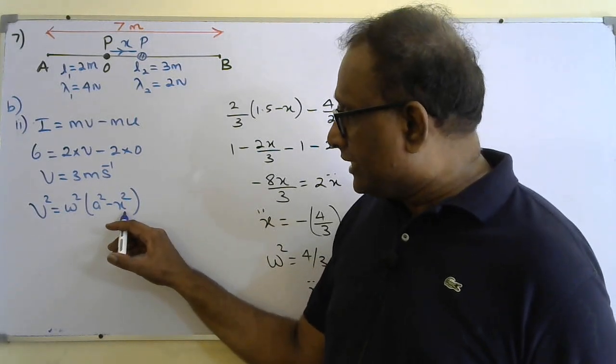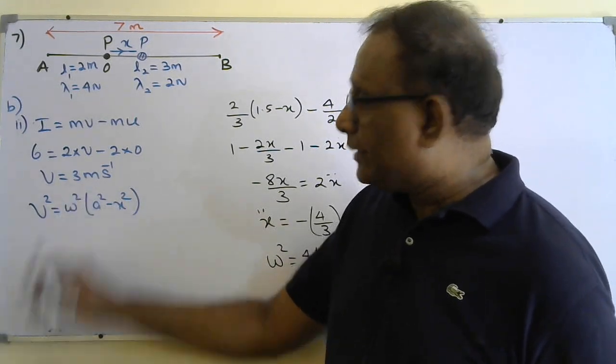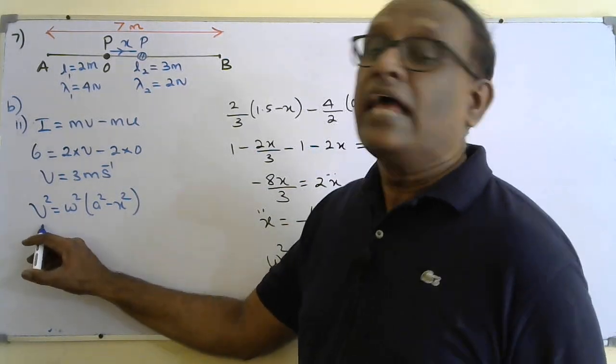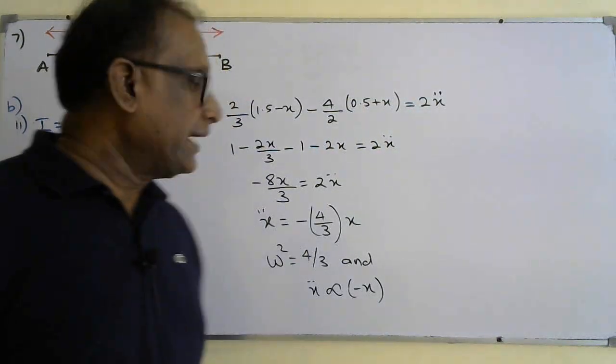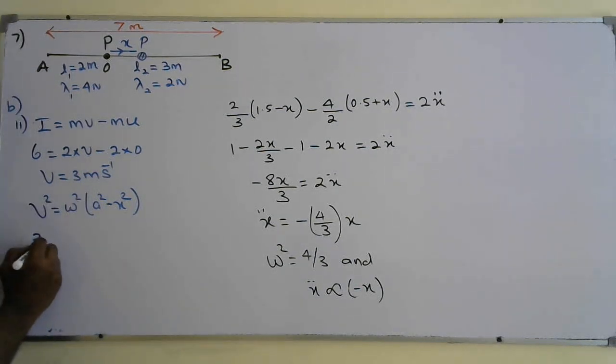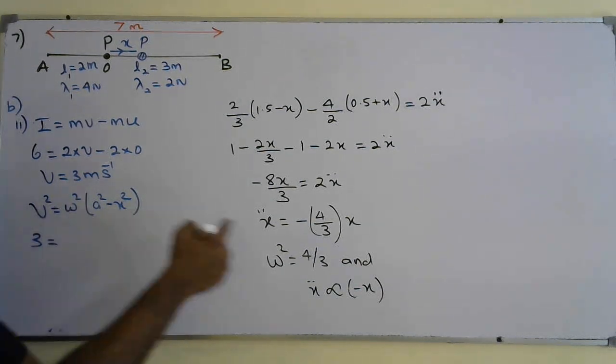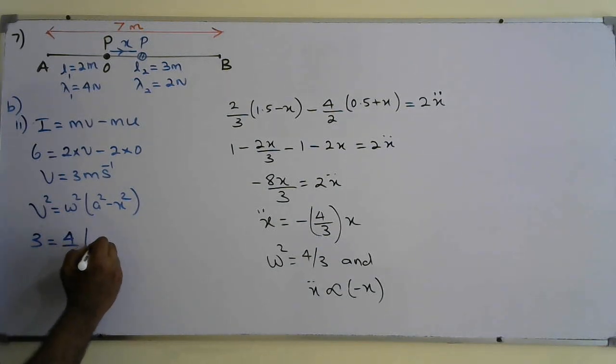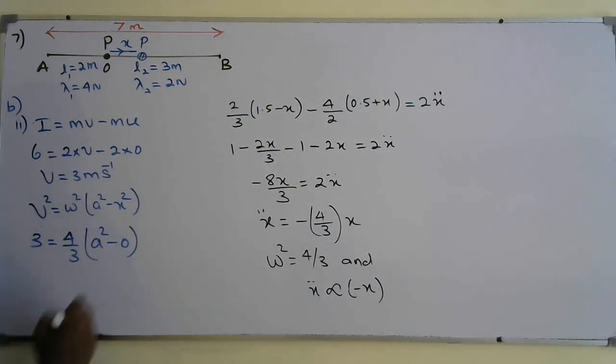So when x equals 0, we know the speed is 3 meters per second, the maximum speed. So 3 equals omega squared, which we found to be 4 by 3, into A squared minus 0. Solve it and find A.